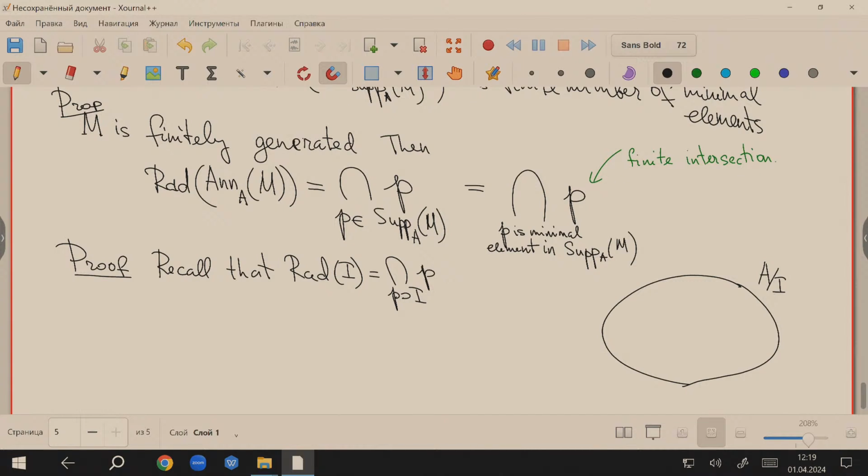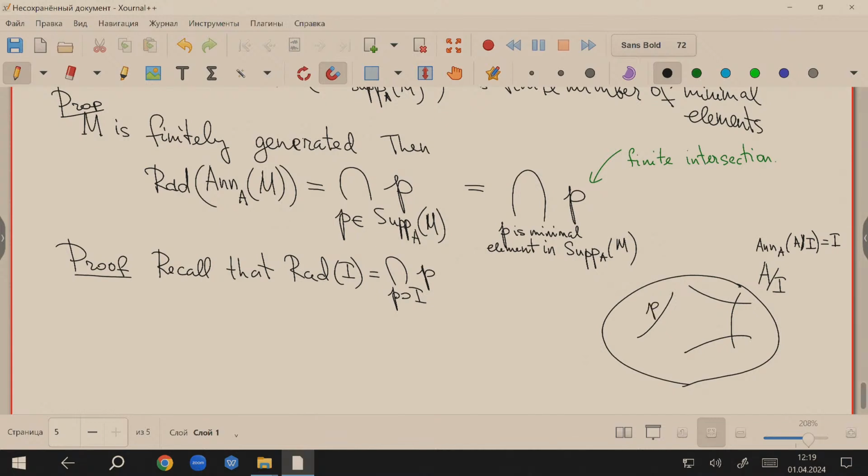It is precisely I here, because annihilator of A mod I is I. And if you are speaking about radical, this is precisely what defines the set defining P.